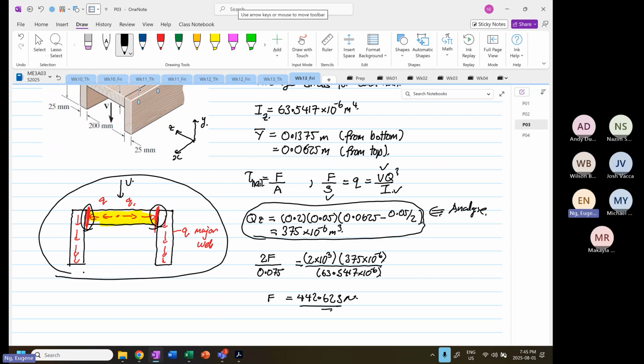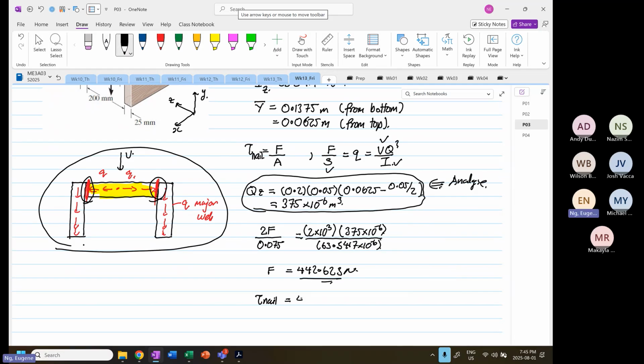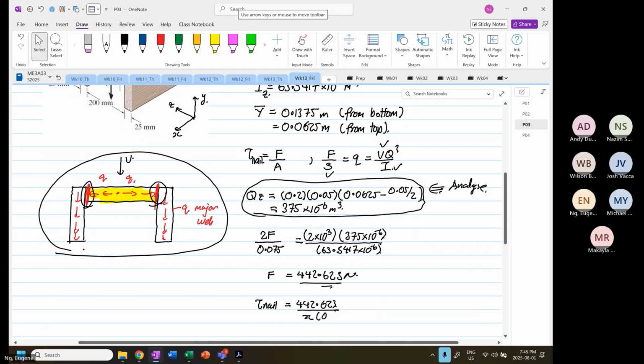It's the analysis. So from here, the shear stress of the nail is equal to 442.623 divided by pi, and the radius is 0.002, squared.